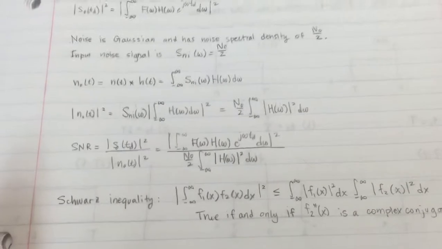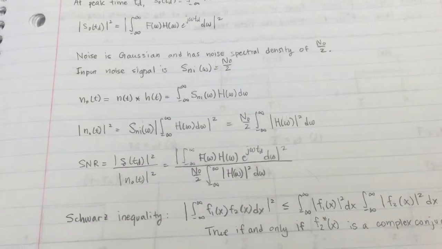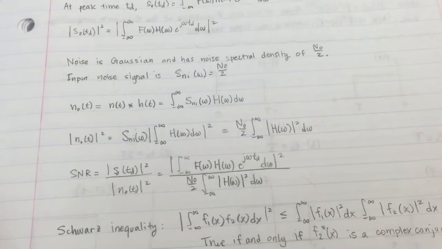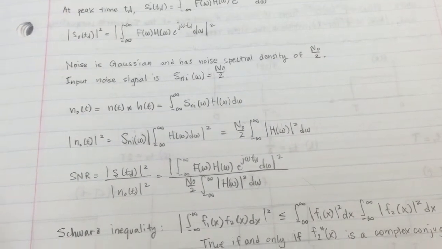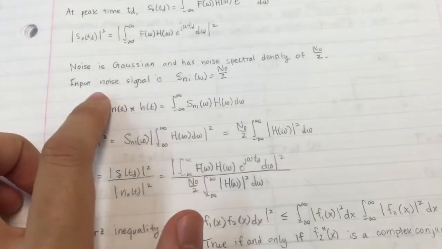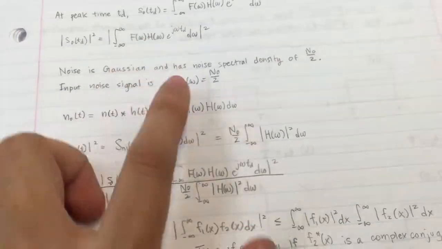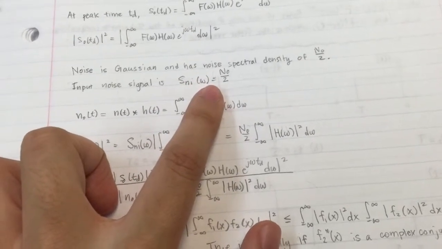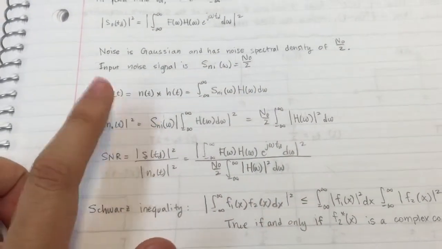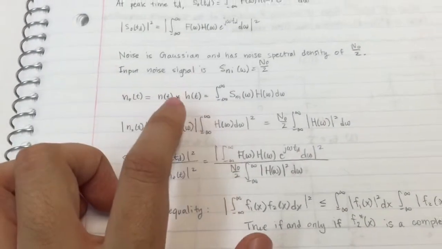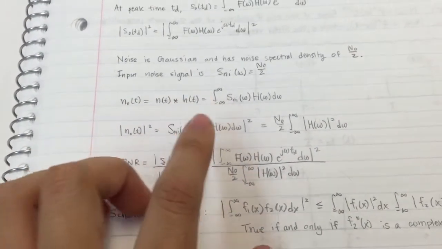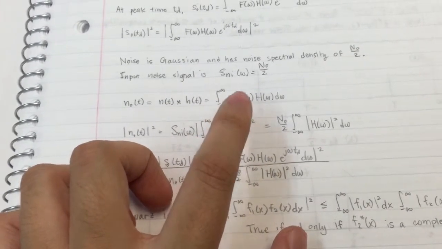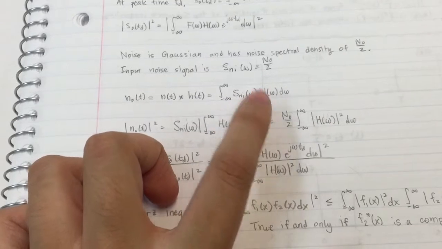Now for the denominator, which is the noise component, we assume that the noise is Gaussian and has a spectral density of n naught over 2. So the input noise spectral density in the frequency domain is S sub n input equals n naught over 2. Then n naught of t, which is n(t) convolved with h(t), is the integral of the two components multiplied together in the frequency domain.